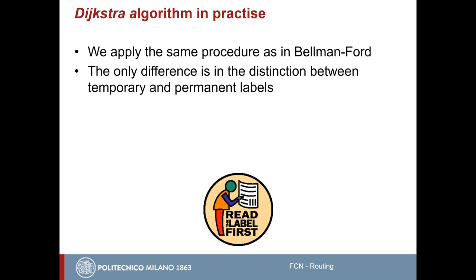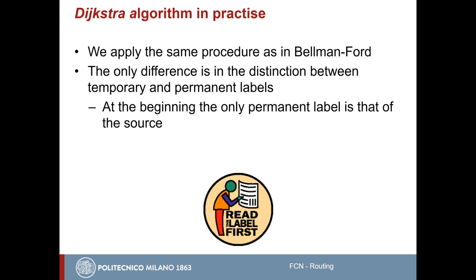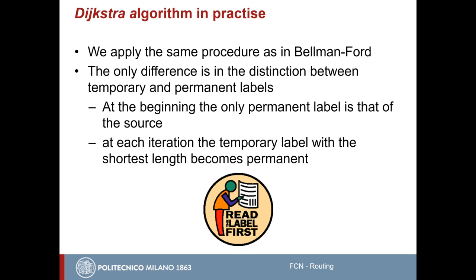So in each iteration we will only update the temporary labels, and in each iteration there will be one more label that becomes permanent, until you don't have labels anymore to update. So at the beginning you have only one permanent label, that is the source label, and then at each iteration the temporary label with the shortest length becomes permanent.